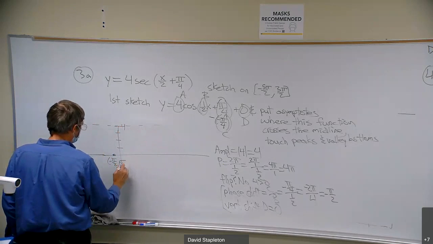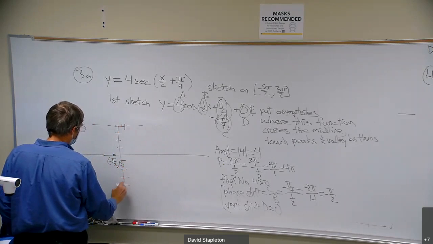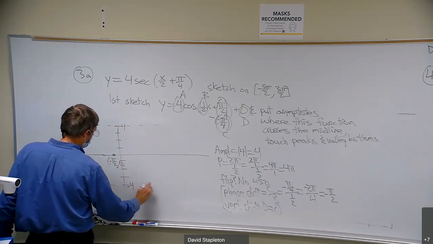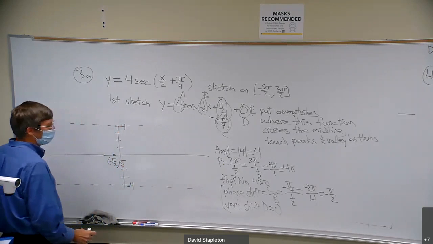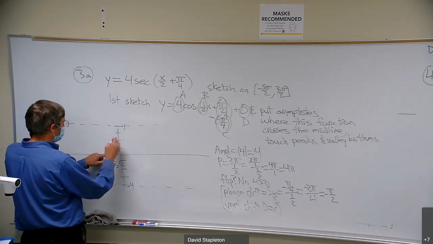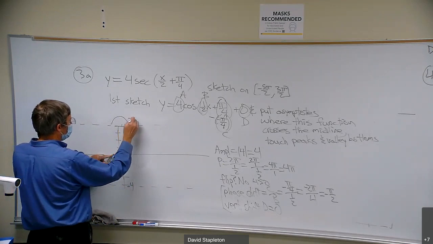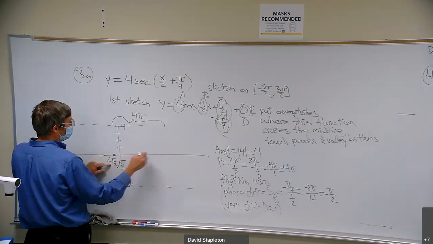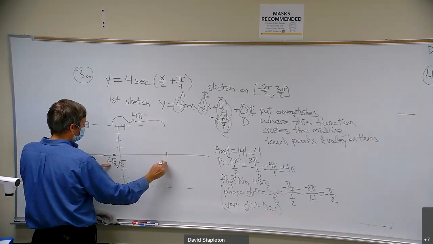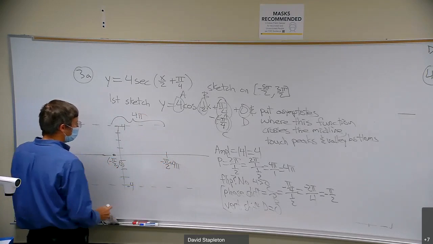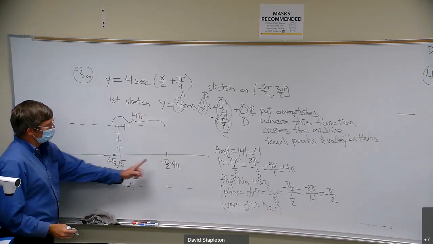And I go down 4 units to another guideline. The period is 4 pi. So I start from here and go over 1 period from the shift point. Adding 4 pi to minus pi over 2 puts me here at minus pi over 2 plus 4 pi. Right? Shift point plus 1 period.